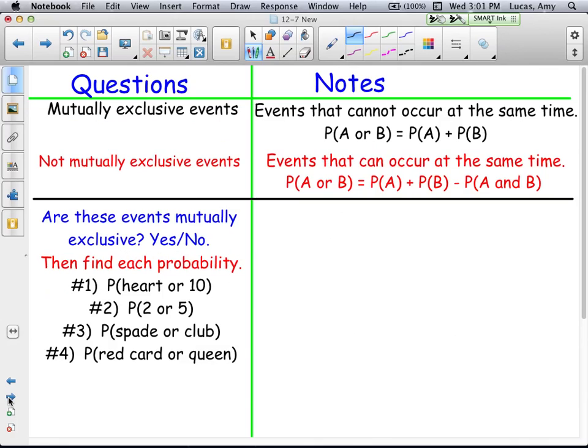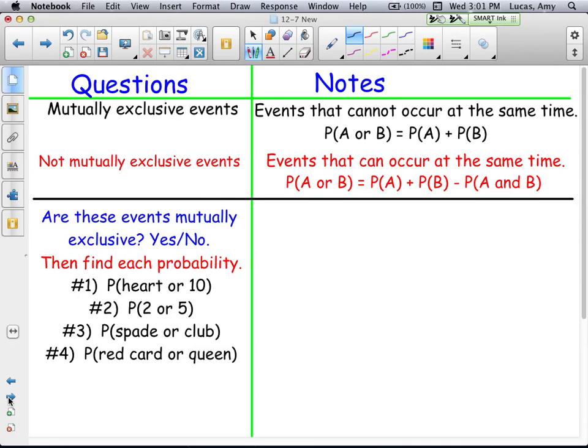Okay, our last slide. Events that are mutually exclusive are events that cannot occur at the same time. So when that happens, the probability of getting A or B is found by adding together their probabilities. Events that are not mutually exclusive are events that can occur at the same time. So there's some overlap.